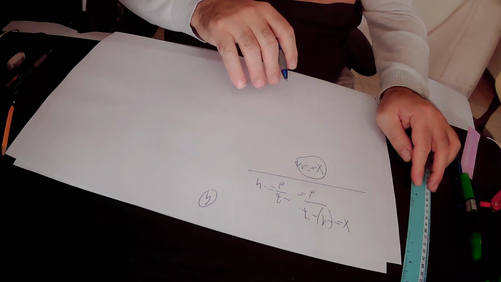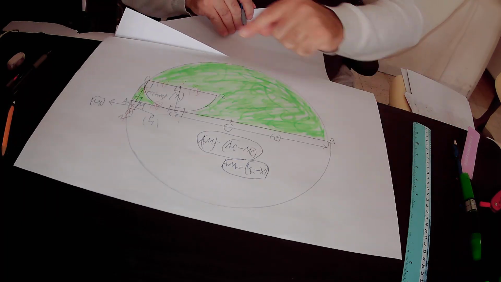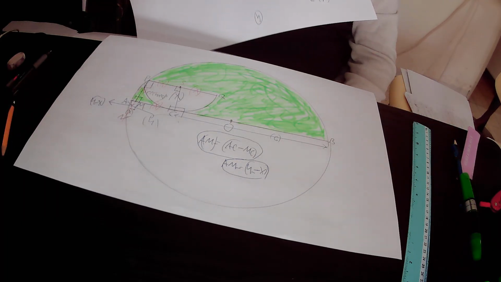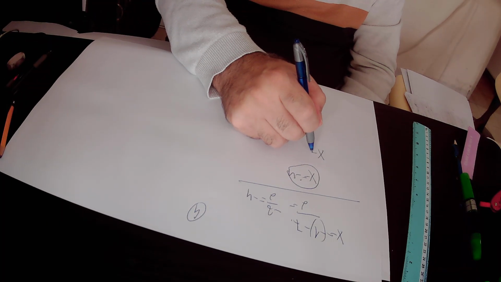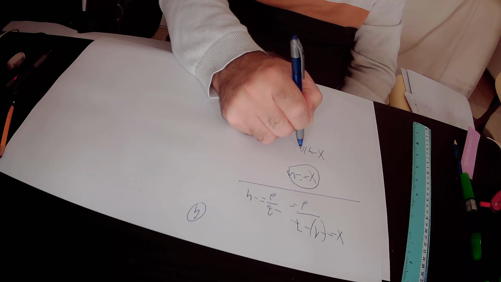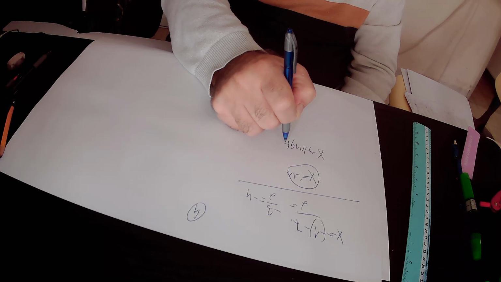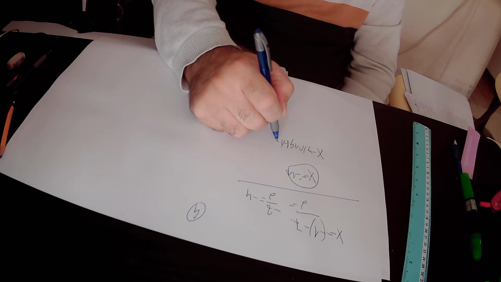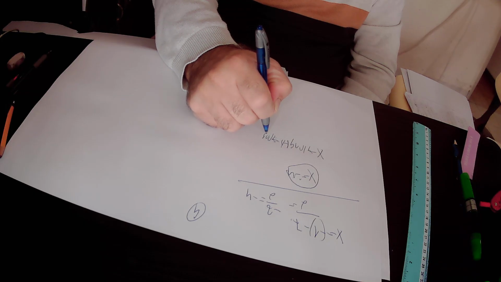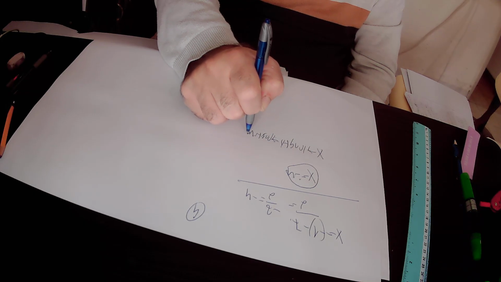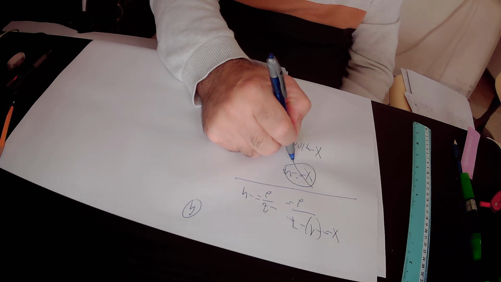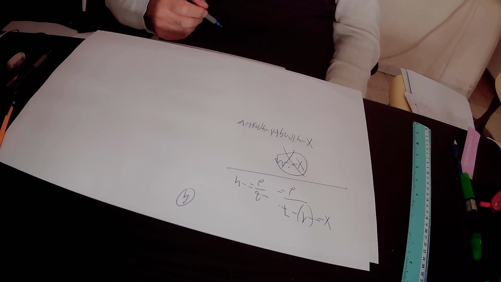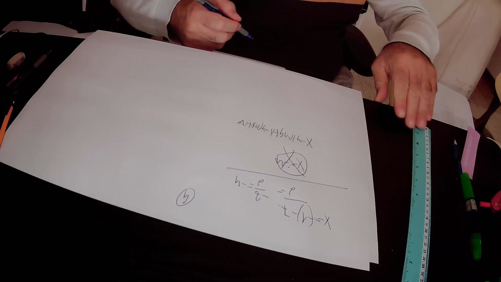But x can never be equal to minus 4 because x is the radius of this small semicircle. That is to say, x is a length, and a length must be a positive number. Therefore, we discard the first solution and take into account only the second solution for x.